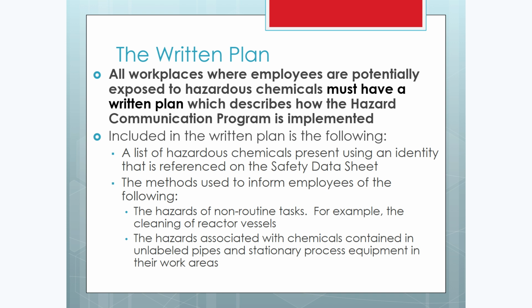Included in the written plan is the following: a list of the hazardous chemicals present using an identity that is referenced on the safety data sheet, the methods used to inform employees of the following: the hazards of non-routine tasks, for example, cleaning of reactor vessels, and the hazards associated with chemicals contained in unlabeled pipes and stationary process equipment in their work areas.